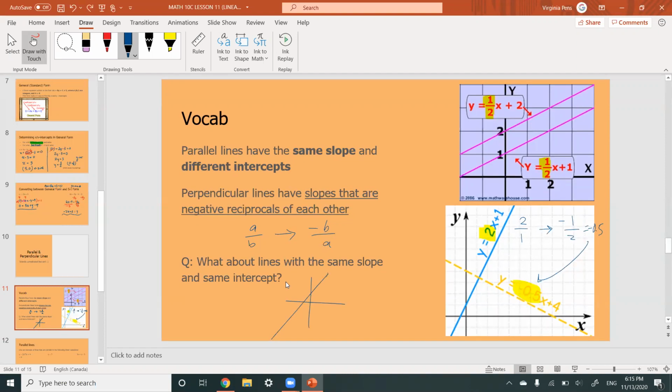Okay, wait, I'm going to try to draw this as well as I can. Nope. Then they would essentially be the same line because they have the same slope and they're in the same place. So they would be the same line.